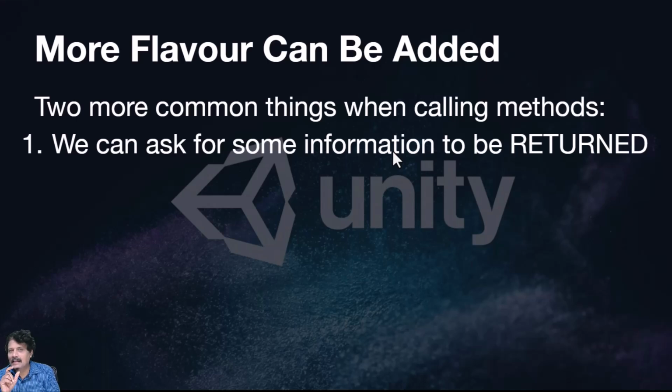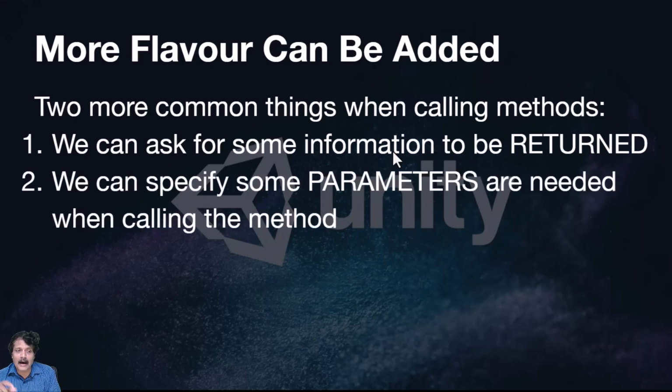Does it return any value? This is the first thing that you have to observe. The second is what parameter needs to be specified to run that method. So these are the two terms you should know. Remember, if it doesn't return anything, we write it as void.